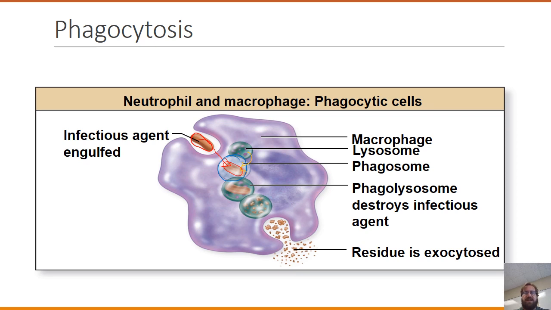Well, you mix those enzymes with a bacteria, and guess what? A couple of steps down the road, you have digested bacteria. And what portions of the digested bacteria the cell can't use on its own are exocytosed and taken care of as debris, as waste products that the body will get rid of.